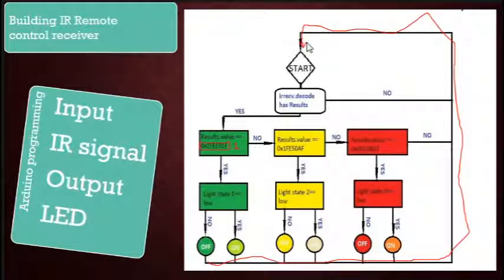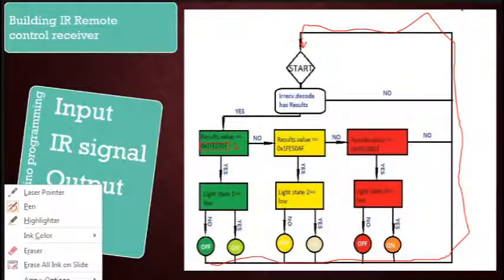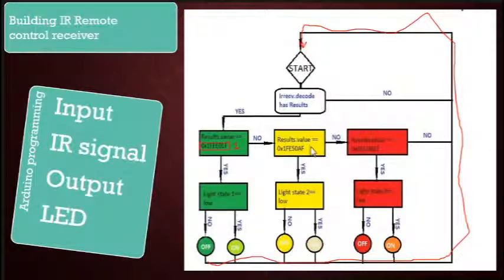Now is the case when the result.value is not equal to the hexadecimal equivalent of the button code of 1. Then we simply check whether it is equivalent to the hexadecimal code of button 2 or not.